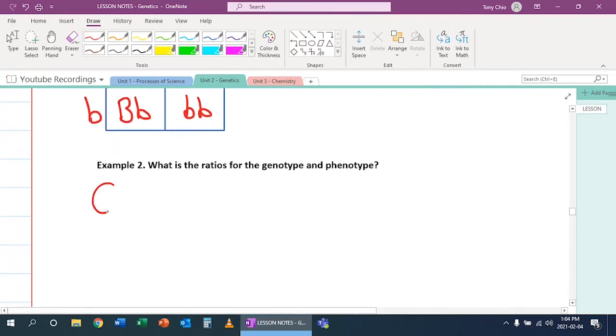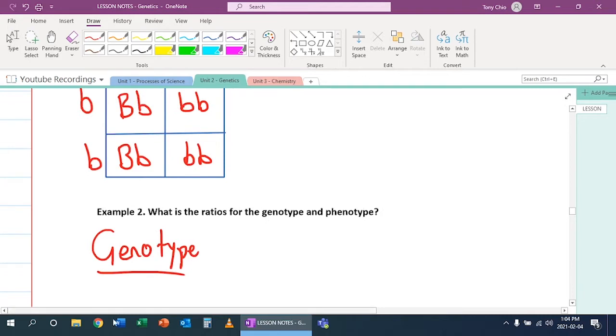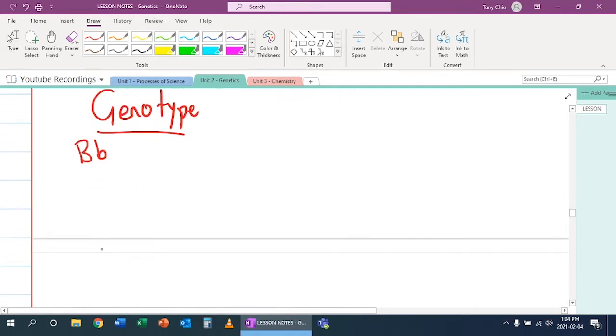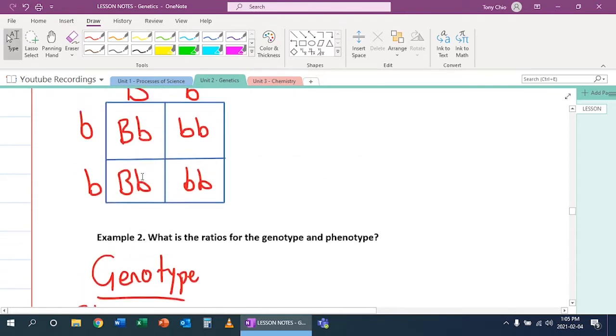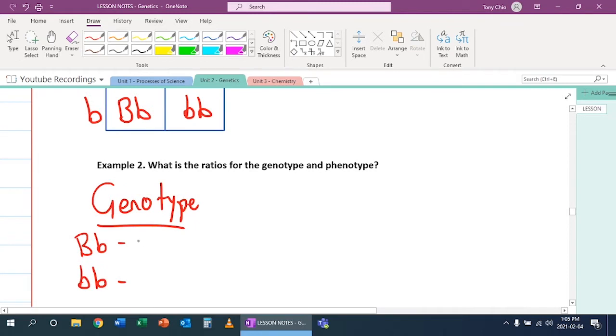Well, let's take a look at the genotype first. What are the 2 different genotypes we have? We have a heterozygous, and we also have a homozygous recessive. What's the probability of each? Well, the probability of each is going to be 50% each.